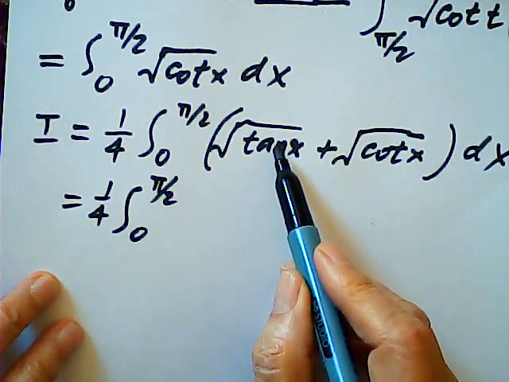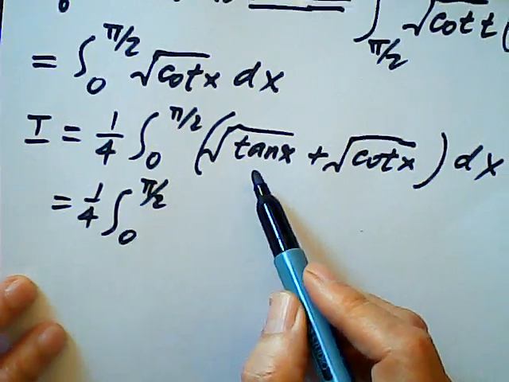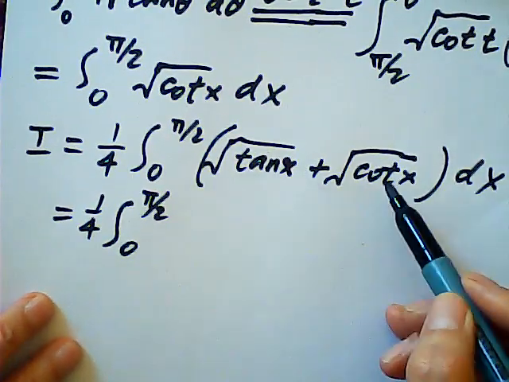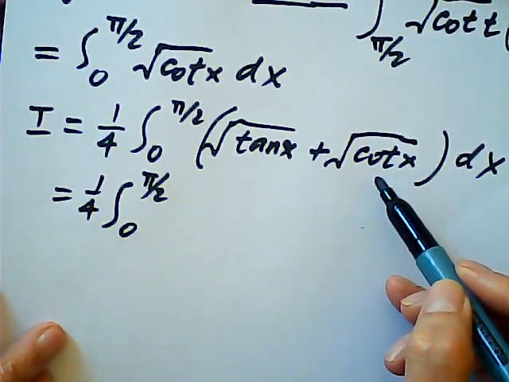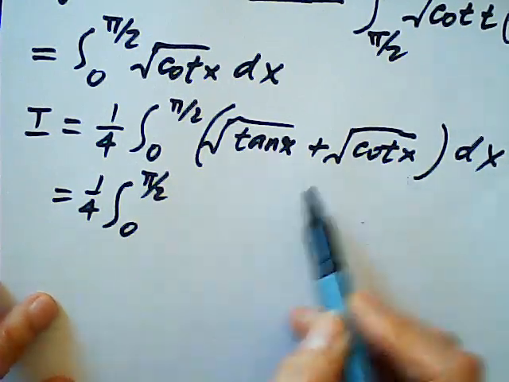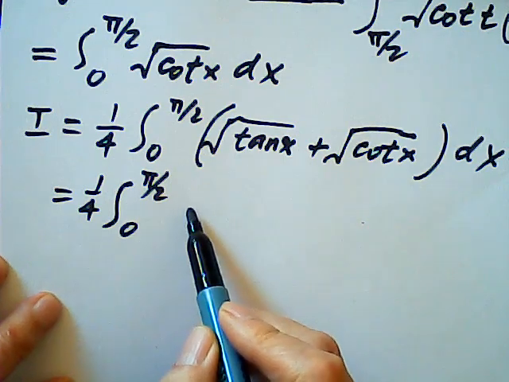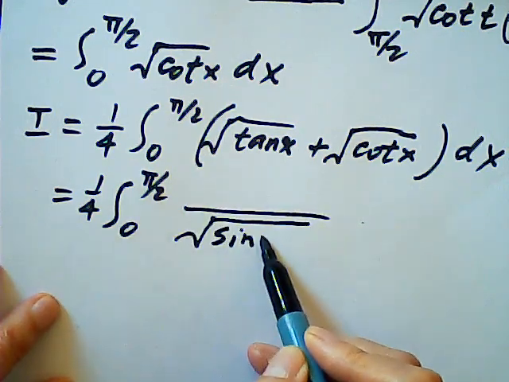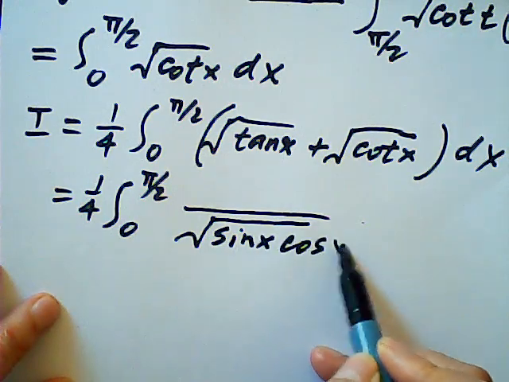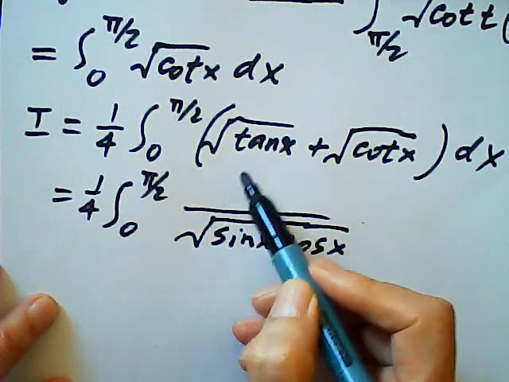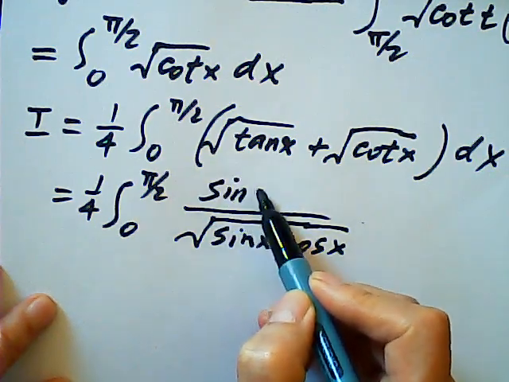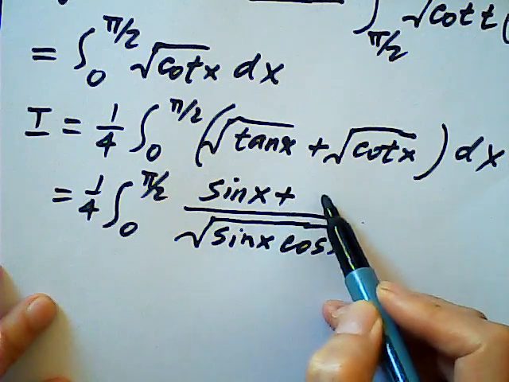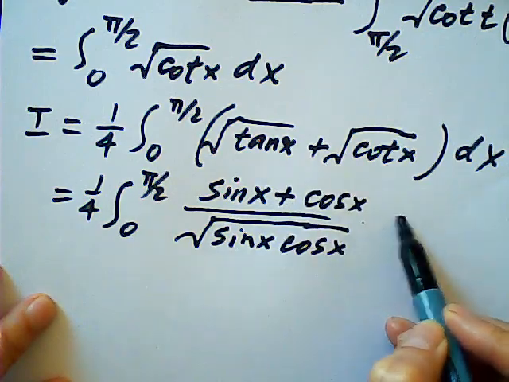Now this one becomes 1/4, and this is sine over cosine, and this is cosine over sine. Therefore, we add them up and it becomes sine x plus cosine x over square root of sine x cosine x, dx.